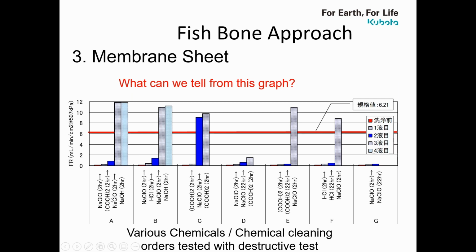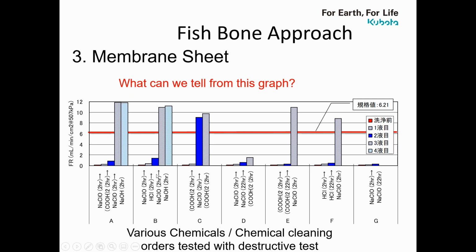Sorry, we did the sodium hypochlorite, NaClO, first, and it did not recover. Then we did oxalic acid, it did not recover. And after that, we did another sodium hypochlorite, and we recovered this.